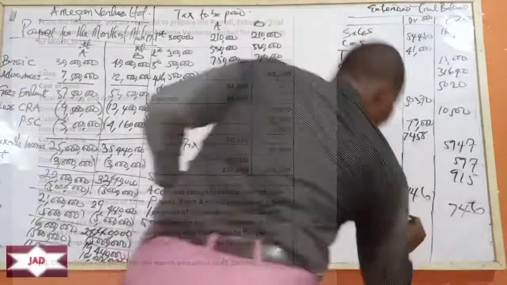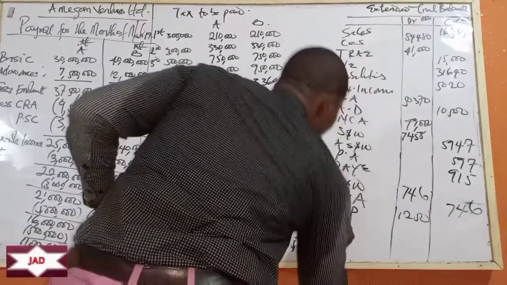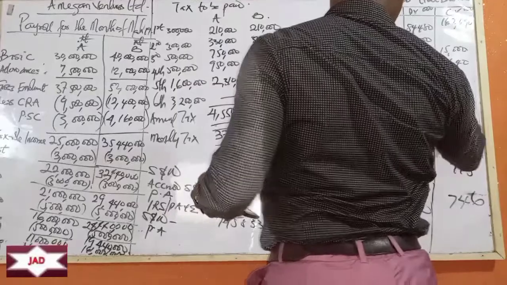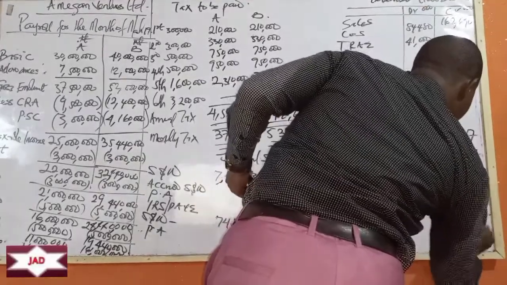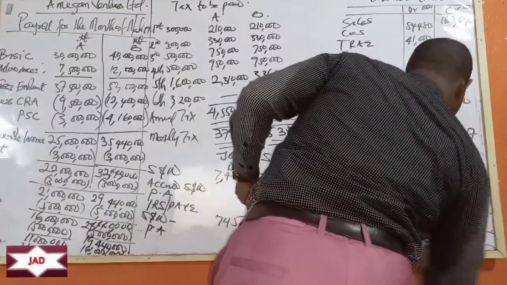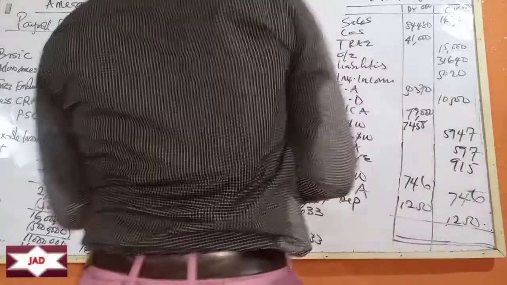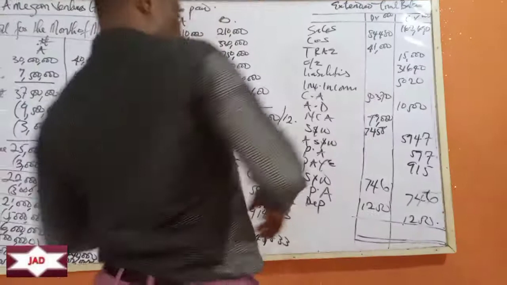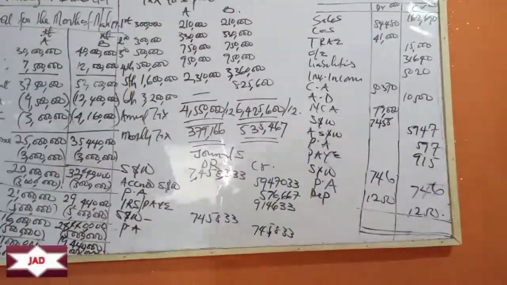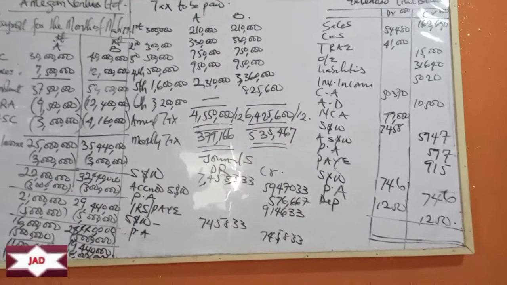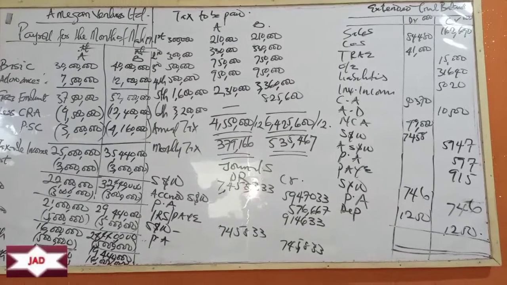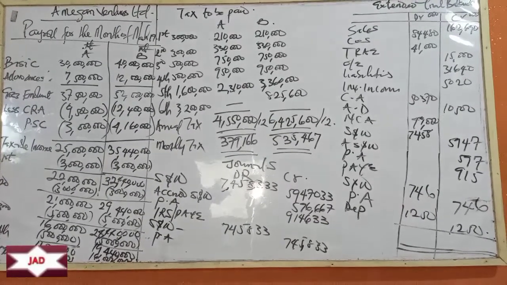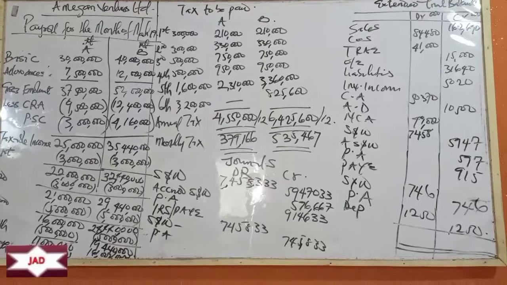So we have 1,250. Then accumulated depreciation will increase by 1,250. So if you add everything, you can definitely agree. Okay, so let's add. We have 224,850, that's the total before the new addition.